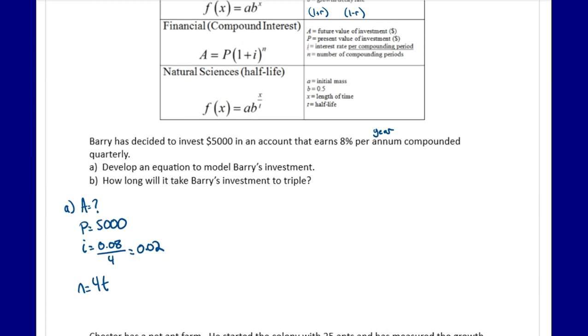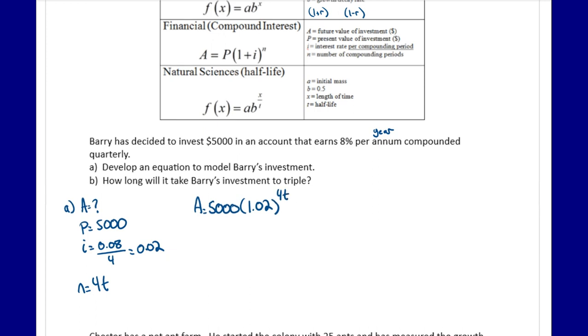So to put that into an equation, we have A equals P, or 5,000, times 1 plus I, or 1.02, which makes sense. It's growing by 2% every compounding period, and it's raised to the power of 4t.